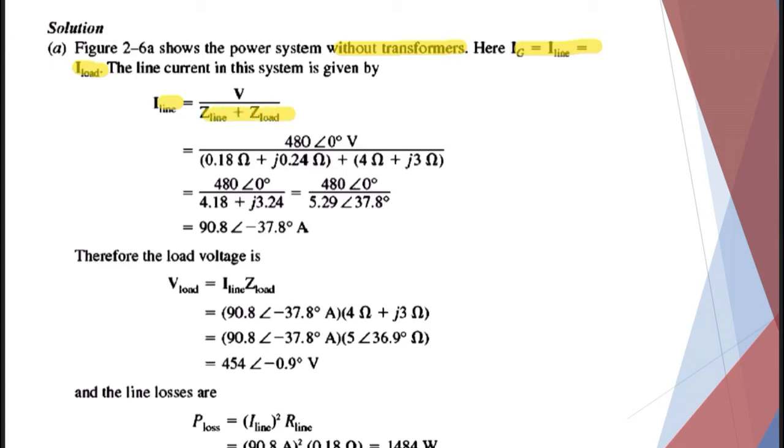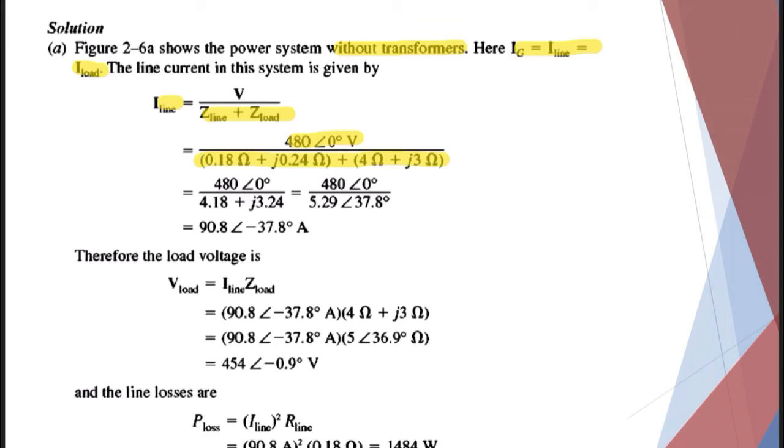This is Ohm's law, voltage over impedance. So we have the voltage 480 with angle 0 volt over the impedance for the line and the load. We have to add them together here.